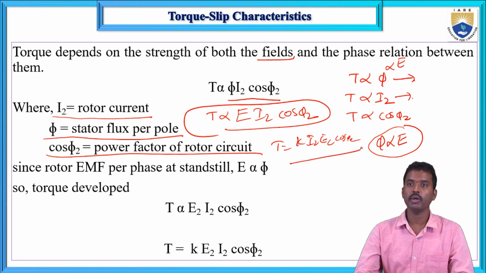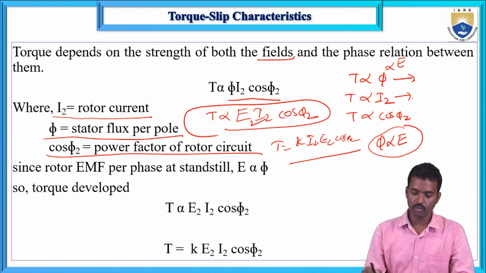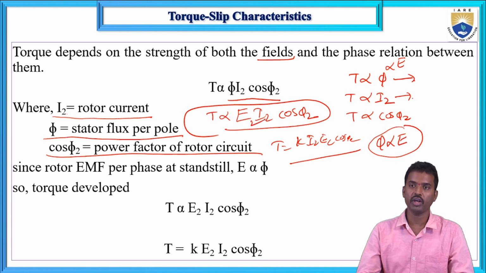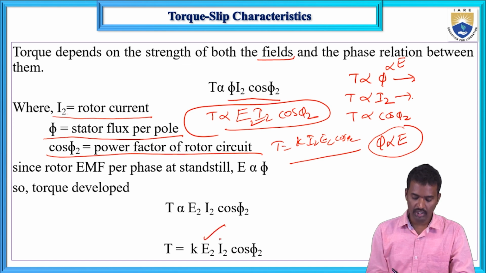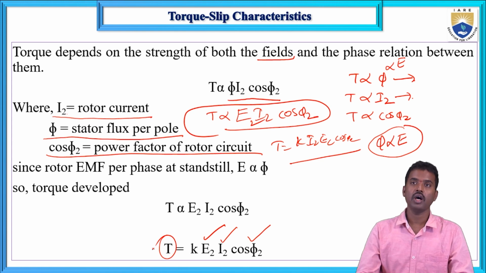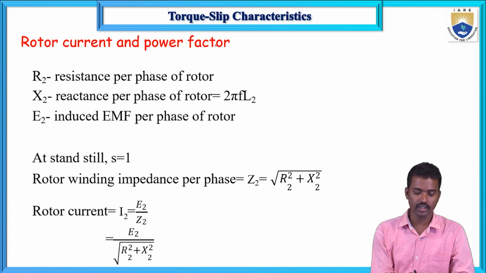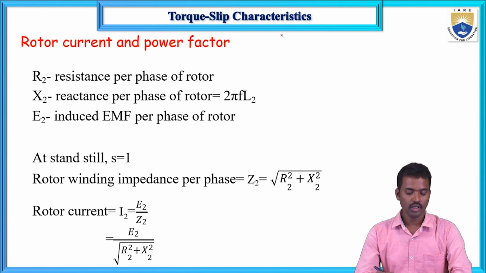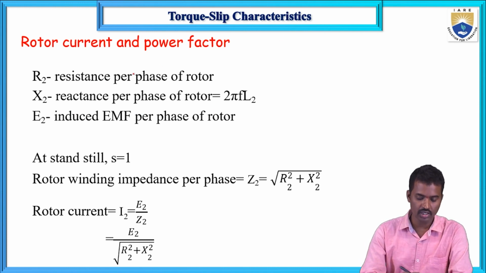Now torque depends on I2, the rotor current, E2, the rotor induced EMF, and the rotor power factor. So how does it depend on slip? Rotor current and rotor power factor depend on rotor resistance.